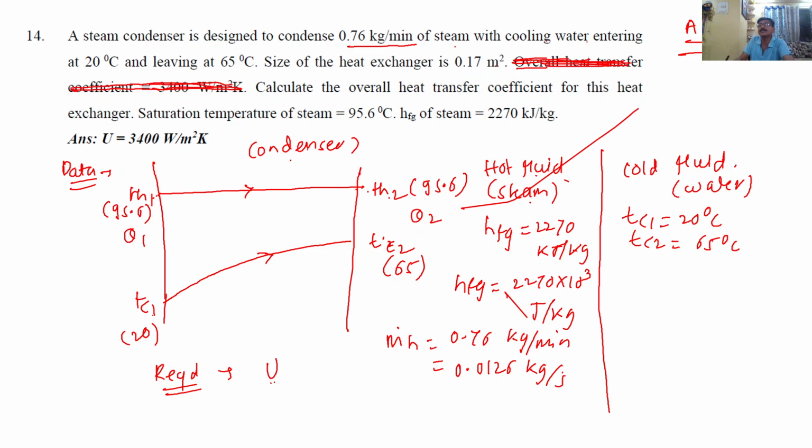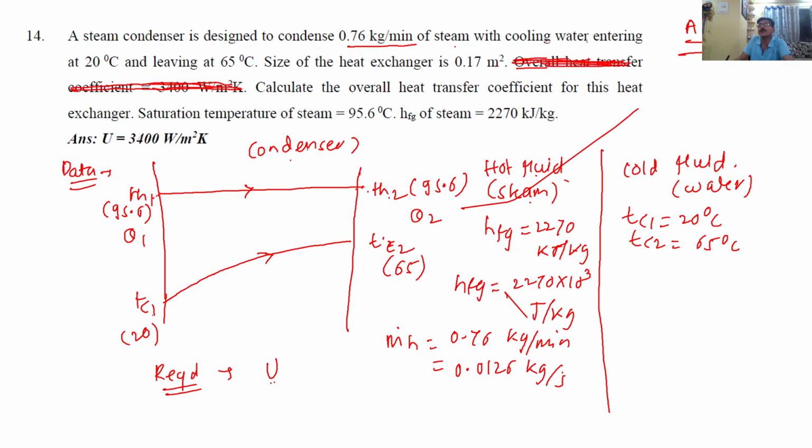Only this formula remains into picture. So if I want to know A, I must know Q, I must know U, and I must know theta m. So our target is to get Q, U, and theta m to get answer of A.